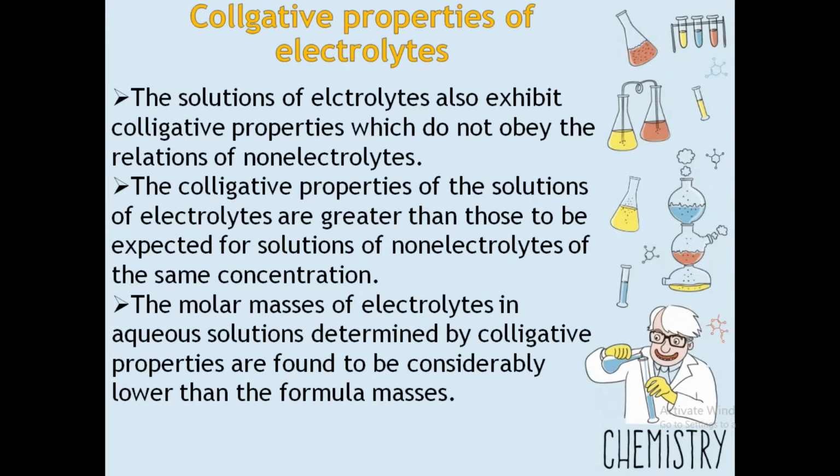We can say that the number of moles increases in case of NaCl, means Na plus and Cl minus, hence colligative property also increases, whereas sucrose remains as it is in the solvent. So there is no change in the colligative properties as the number of solute particles remains the same in case of sucrose.